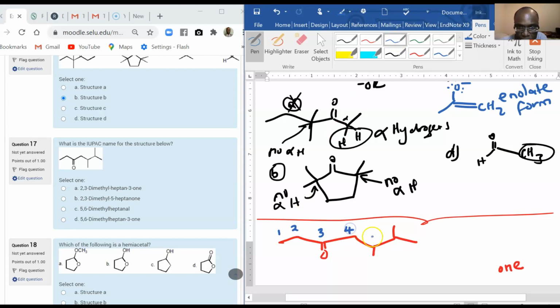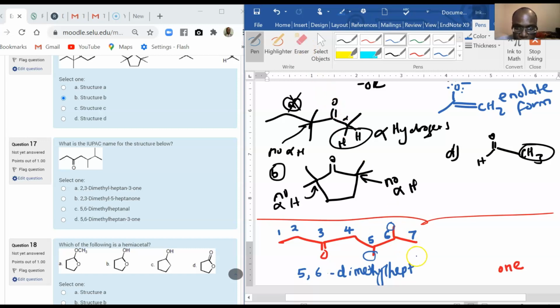So it will be position 3. Identify the longest chain containing the carbonyl. So I have a methyl on 5 and 6. So the right name will be 5,6. You have to say dimethyl because there are 2. And then hept because there are 7 carbons.